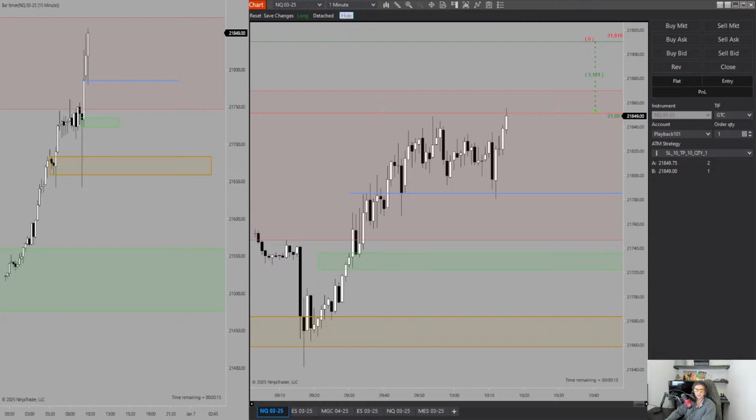Market it in, right? Input to exit was 21,825. The farthest we went away from our entry was 21,780.25. The captured stop was back at our entry, so it should be a risk-free trade.